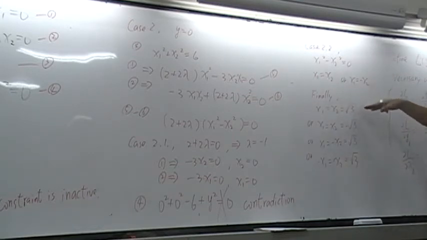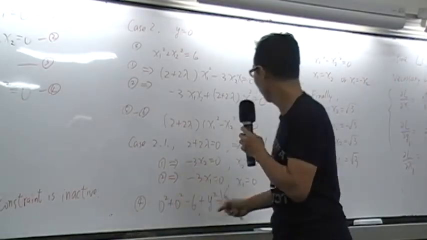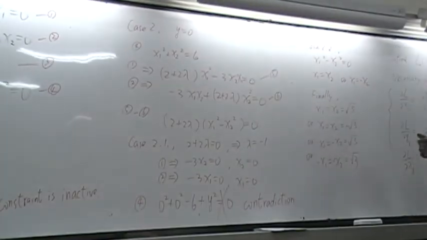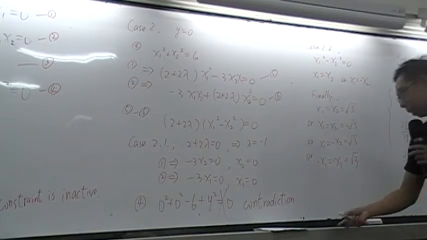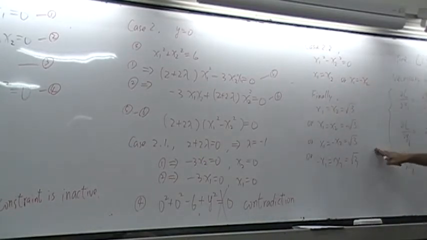Either both x1 and x2 equal square root of 3, or both negative square root of 3, and 1 positive, 1 negative. Okay, so we have the 4 cases, and then I mean the 4 solutions, and then you can just take a look. Is it alright? Yeah, I think this is alright. Okay, yeah.